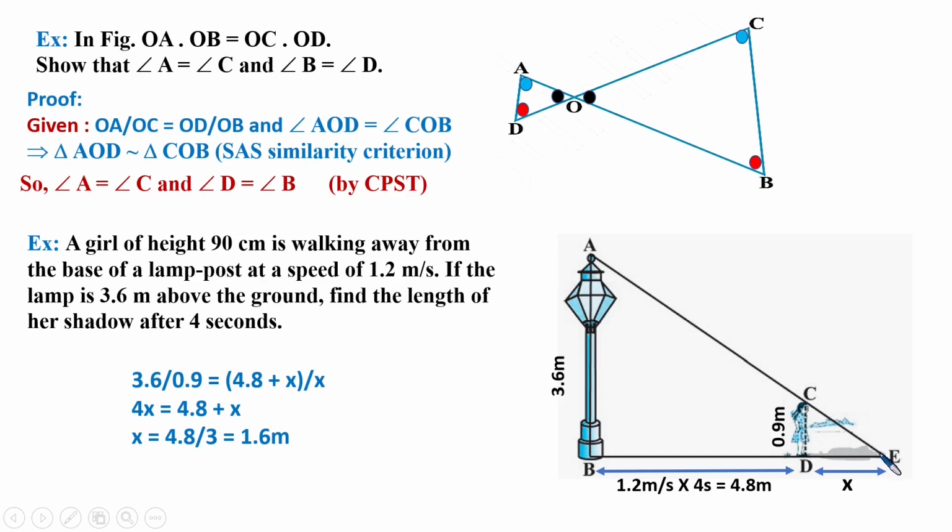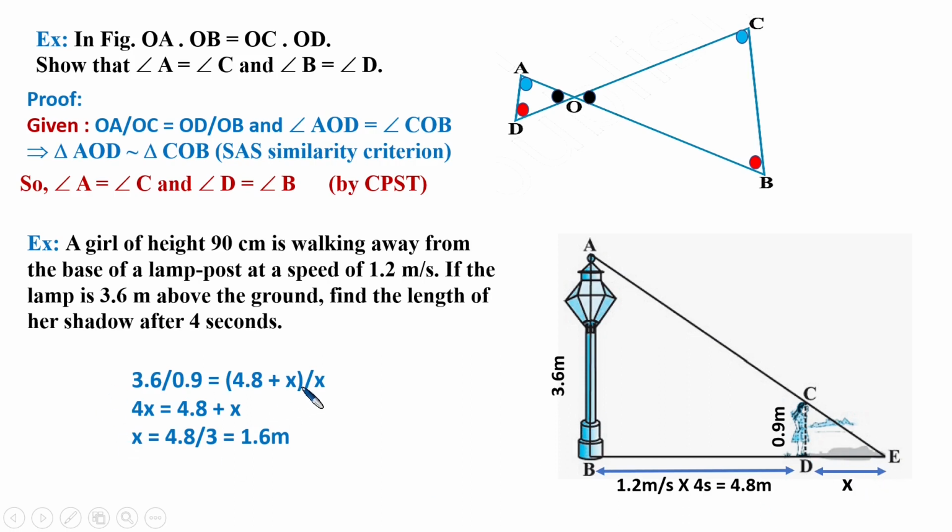Now if I draw from this point E to this point A, then this triangle CDE is similar to ABE. Since they are similar triangles, I can write that the big triangle's perpendicular side, 3.6, over the perpendicular where the girl is standing, 0.9, is equal to the big side, 4.8 meters plus x, divided by DE, that is BE by DE.